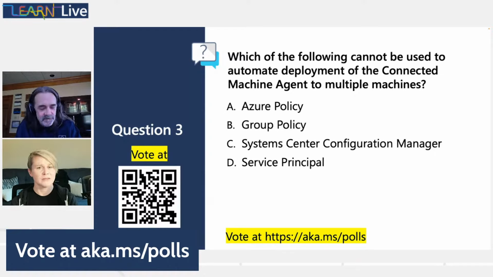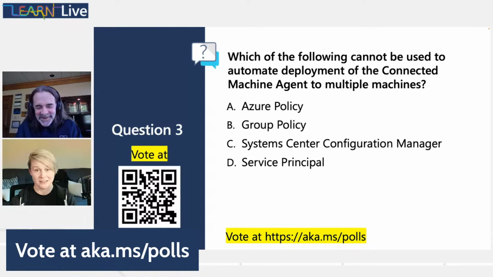Because I would think you can't use Azure Policy until it's onboarded, right? I think that's it. It's a chicken before the egg question. And the outlier is Azure Policy. Actually, let's have suspense. I don't want to give the answer.